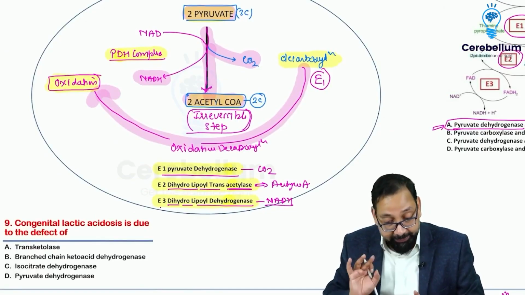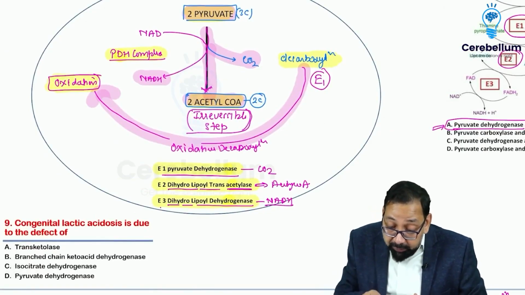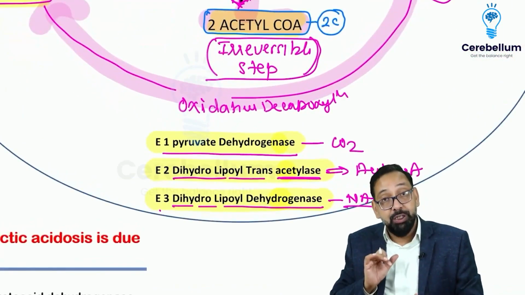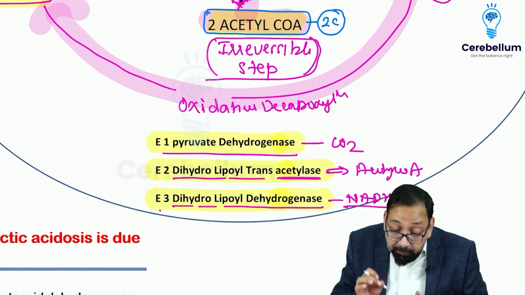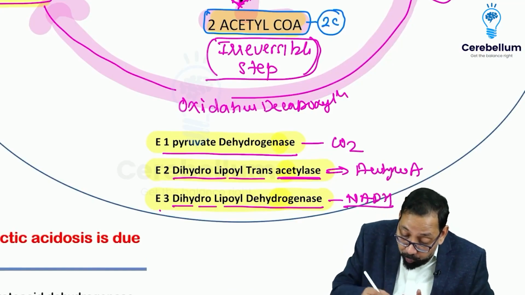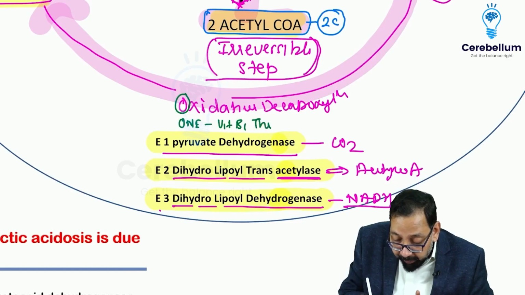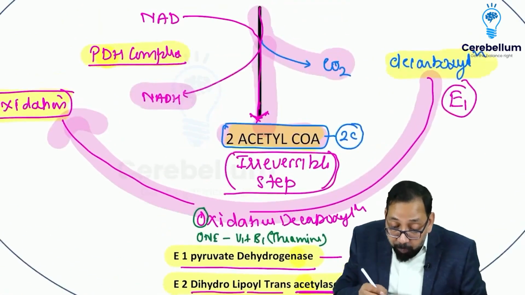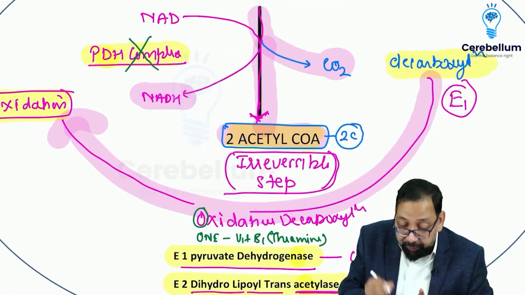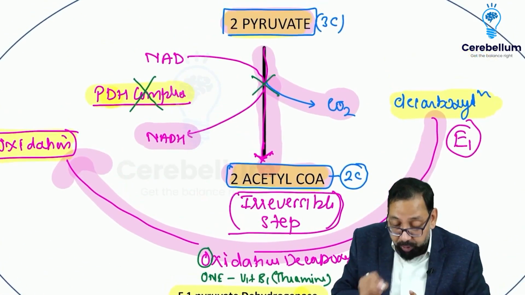We found that this oxidative decarboxylation cofactor is vitamin B1. O for oxidative, O for 1. That is vitamin B1 thiamine. Thiamine is the cofactor. If pyruvate dehydrogenase is deficient, this step would not occur.